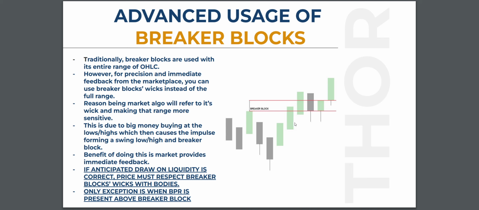If you have a BPR, which I'll be covering later on, a balanced price range below the wick of a breaker block, the chances of the breaker block wick holding is lower probability. So you can expect price to go lower and violate the wick of a breaker block when you have a balanced price range present above or below a breaker block.